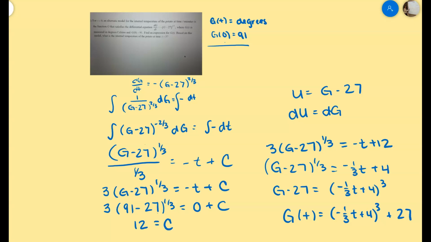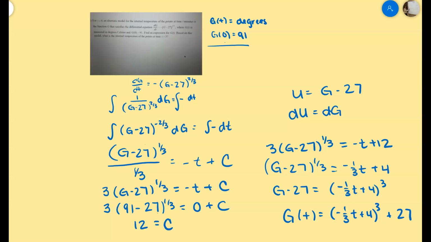So, to find an expression for g of t, we would have to separate our variables, antiderive, find the constant of integration using an initial condition, then rewrite the equation using g and t for this problem.